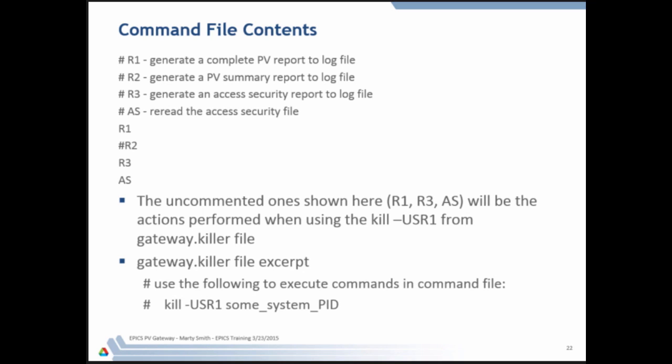For example, a lot of beam lines will run scripts, they'll run spec or something like that, where the channel access connection is very short-lived. This type of connection to the gateway is very difficult to troubleshoot at best, because the chances of you actually generating a report to see what's going on while that PV is connected is slim.